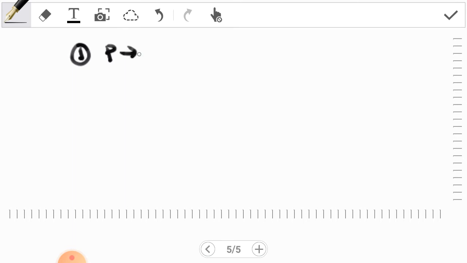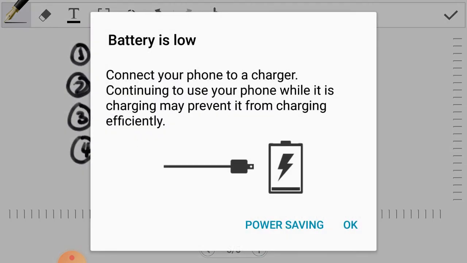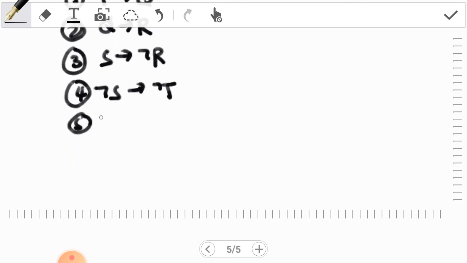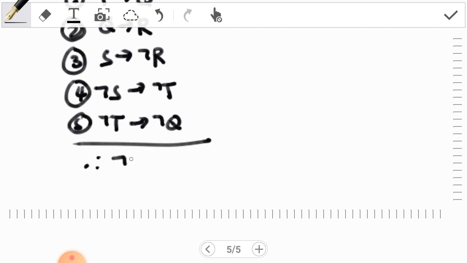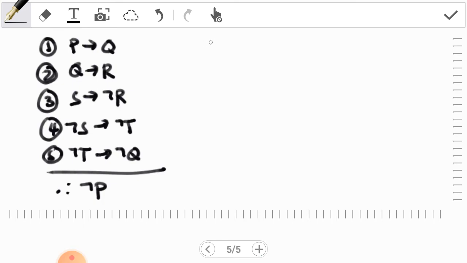The first premise is P implies Q. We have Q implies R. And then we have S implies not R. And then 4th is not S implies not T. And then we have not T implies not Q. Therefore, not P. So we have 5 premises and our conclusion is not P.